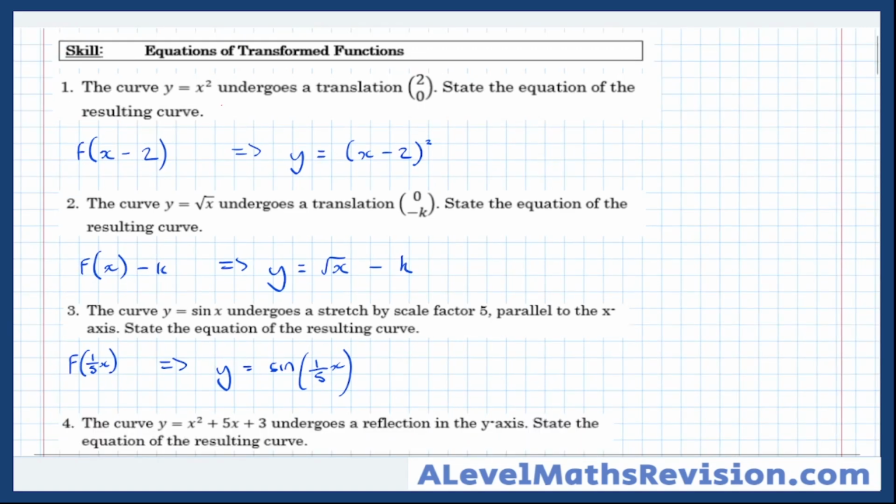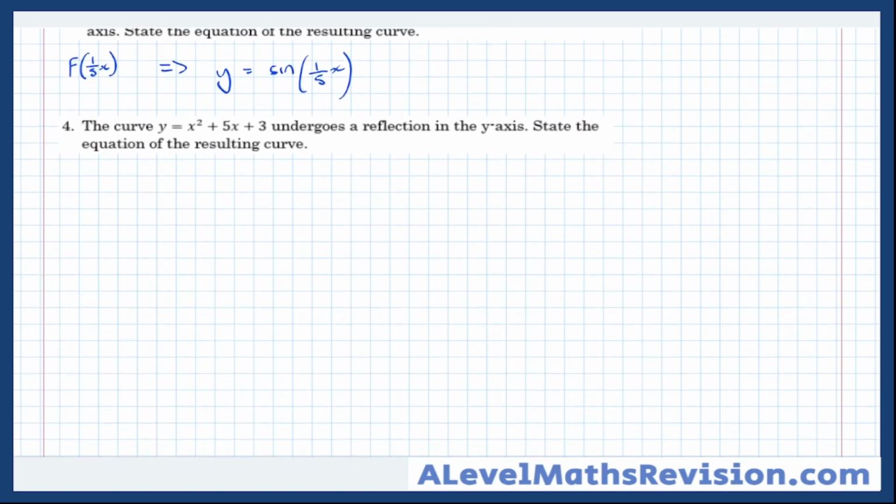And the next example says the curve y equals x squared plus 5x plus 3 undergoes a reflection in the y-axis. State the equation of the resulting curve. So just a quick little diagram. So the y-axis, let's say, is there, meaning every point is reflected horizontally. This is a horizontal, not a vertical reflection. Therefore, with it being in the x direction, it'll be an inside transformation.